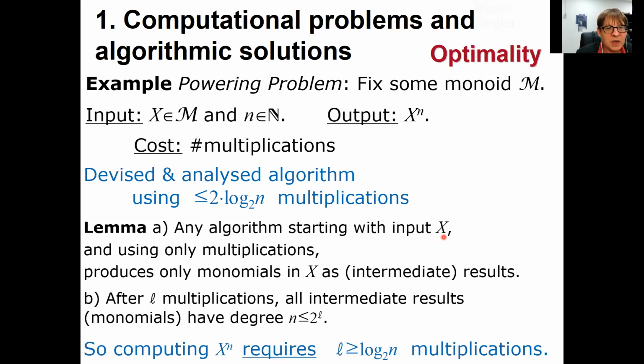Okay, and combining these two simple statements we just proved, now let's solve this inequality. Here we have the degree. Here we have the number of multiplications that is used by any algorithm. Right here we're arguing about any algorithm.